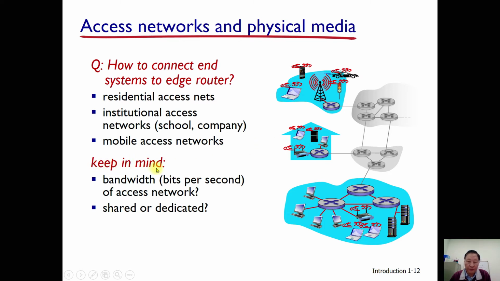And we should think about the bandwidth, because you are very sensitive to this bandwidth, how fast, and whether it is shared or dedicated. Also, this wireless, think about our university also, that will be shared. Or think about your wired line in your apartment, then the wired line is dedicated.